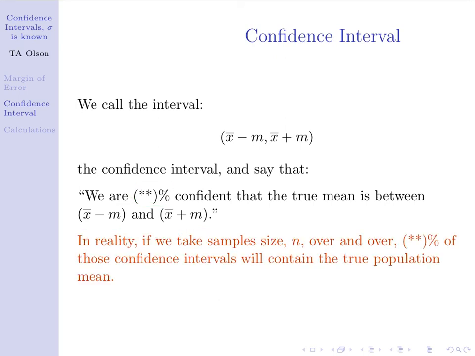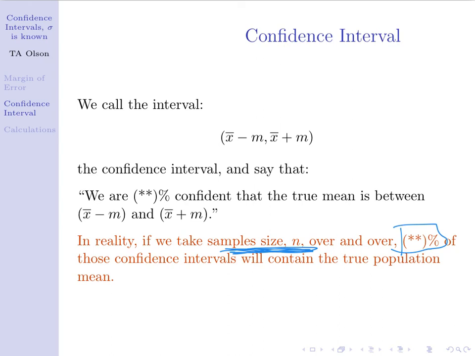Now, in reality, what this is, if we take samples of size n, the same sample size over and over, whatever our confidence level percent is of these confidence intervals will contain the true population mean. We're not actually guaranteed that the true population mean is in any of these intervals.